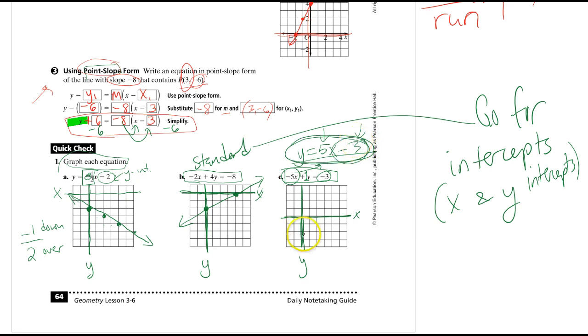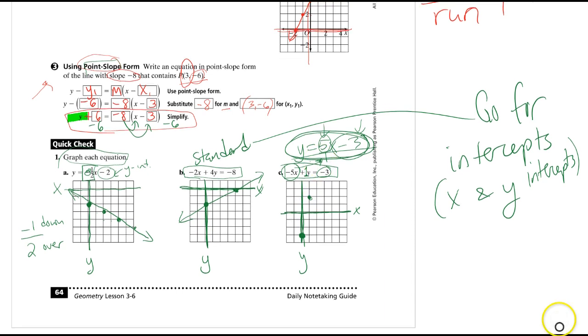That's the y-intercept, so that would be down here. And then I do the slope. From this point where I first put my pencil down, I will do up 5 over 1. 1, 2, 3, 4, 5 over 1. Well, hey, you know, I only needed 2 points to make this line, so let's do that. Now I got a line.